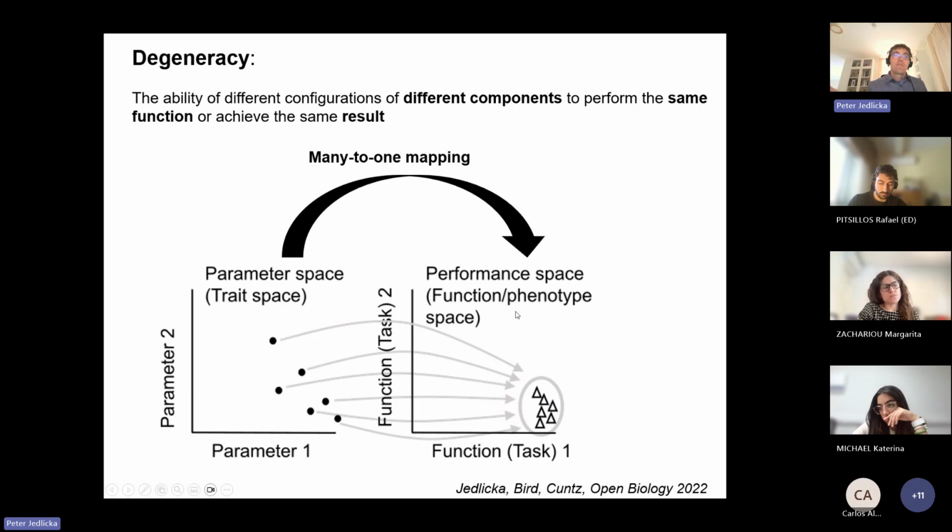This could be the space of functions that neurons care about. By the way, a classical example for degeneracy would be the genetic code, because you have different triplet codons giving you the same amino acid, right? So that would be an example in genetics.